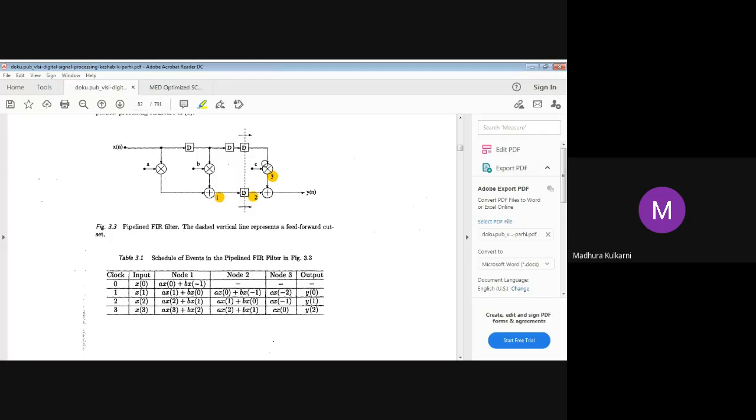That is coming to C. So here the output at node 3 is Cx of minus 2. At the second clock, you are getting all the outputs across all the three nodes. Therefore, you will be getting your first output called y of 0.